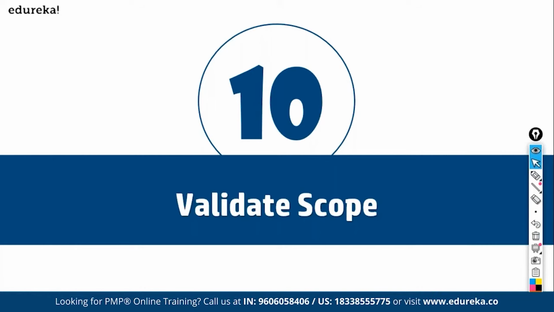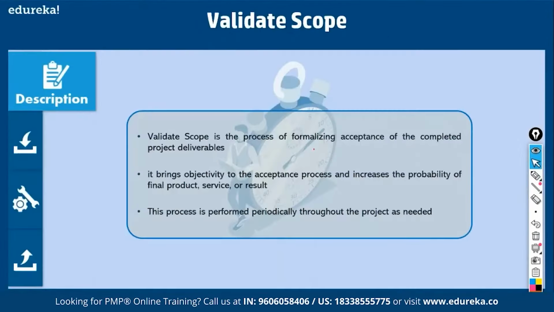It is the process of formalizing acceptance of completed project deliverables. It could be interim deliverables, requirement documentation, design documentation, or the final deliverable, anything. It brings objectivity to the acceptance process.